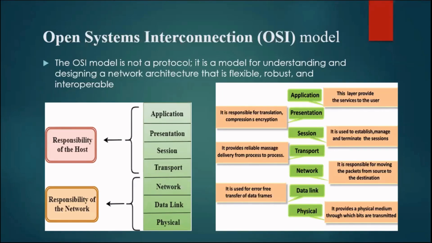And then the network, data link, and physical layers are the responsibility of the ISP provider or the network itself to make sure that communication goes through to the endpoint. Make sense? Good.